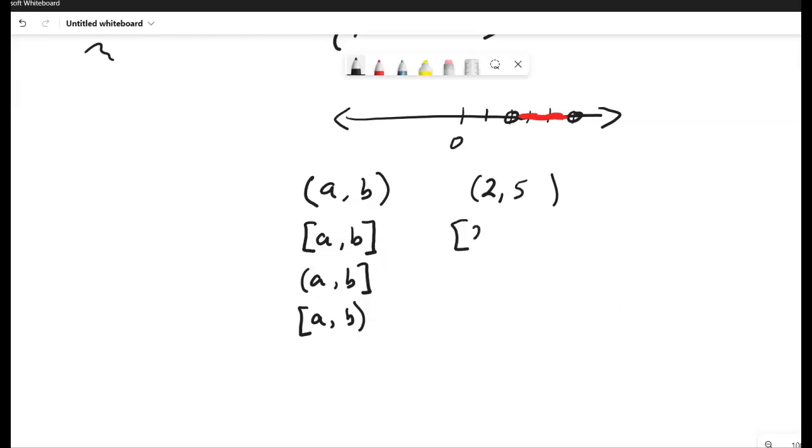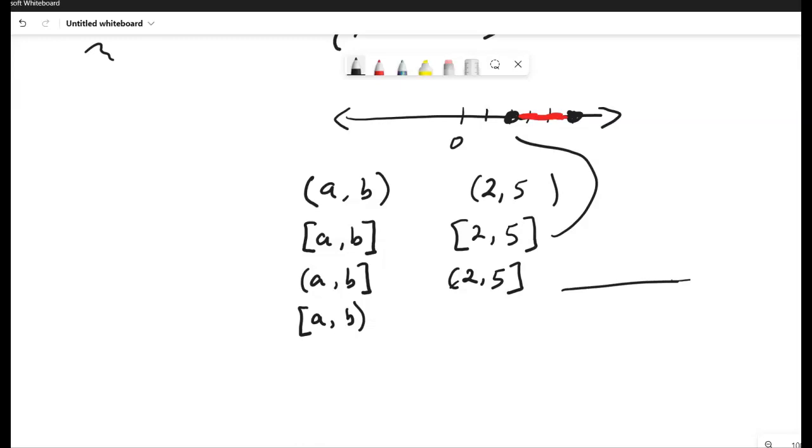If you saw the brackets, that would mean I'd have to include those points. Now, say 2 to 5, that would mean I would not include 2, but I would include 5.